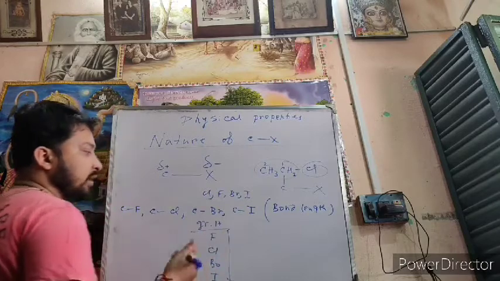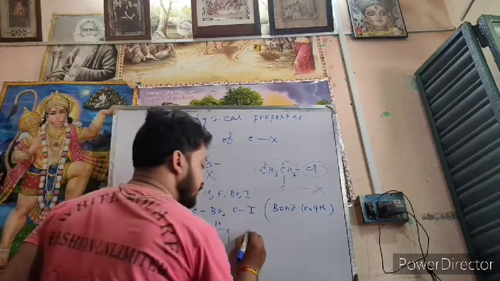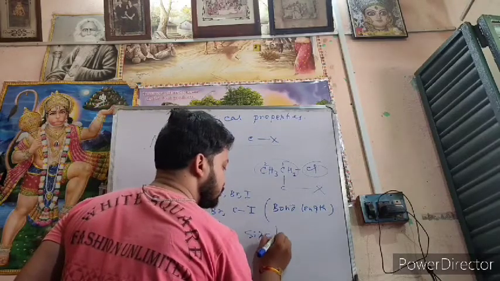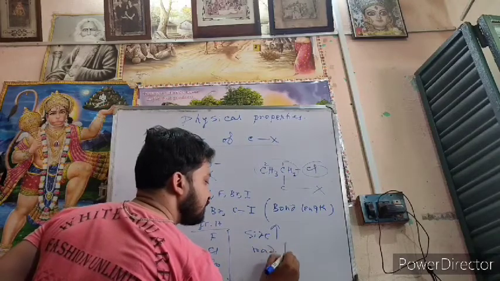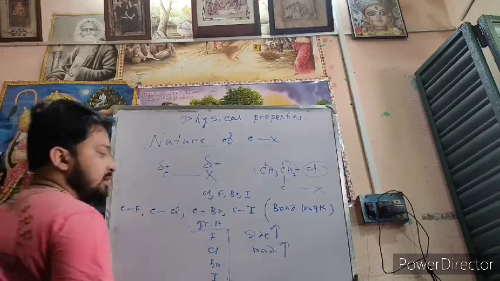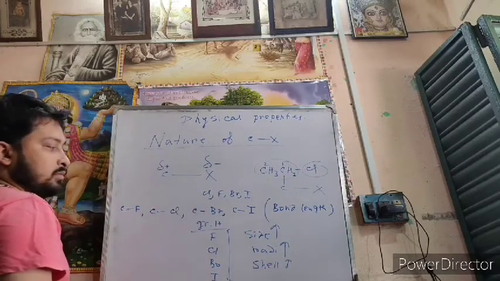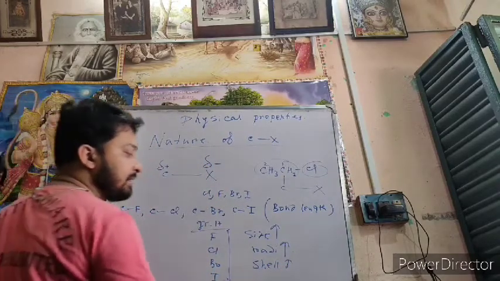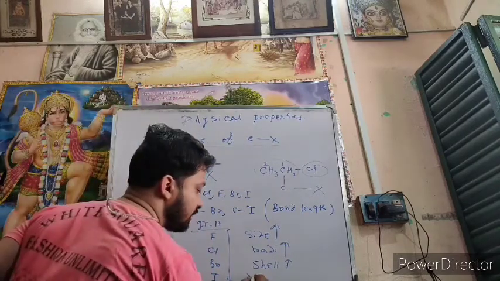Why does the size increase? Because the radius increases. Why does the radius increase? Because the number of shells increases. Why do the shells increase? Because the number of electrons increases.